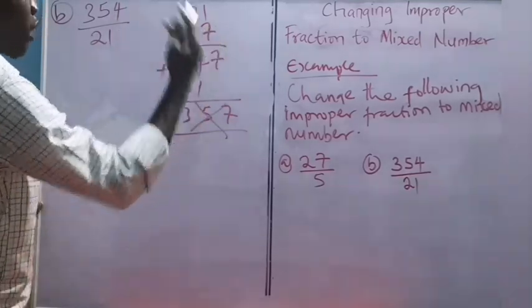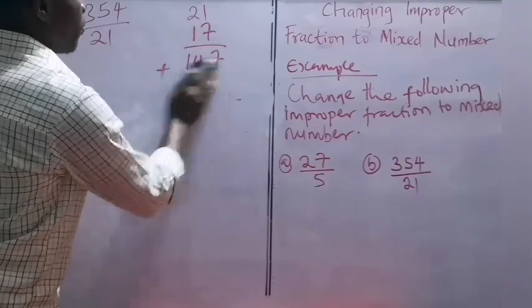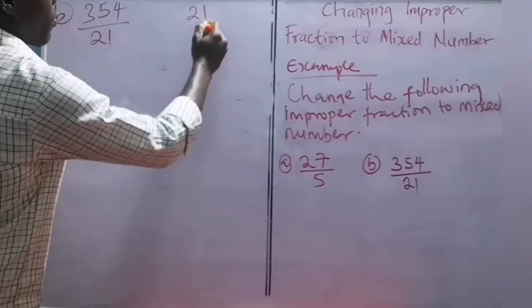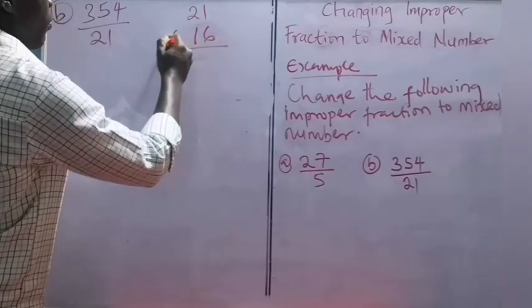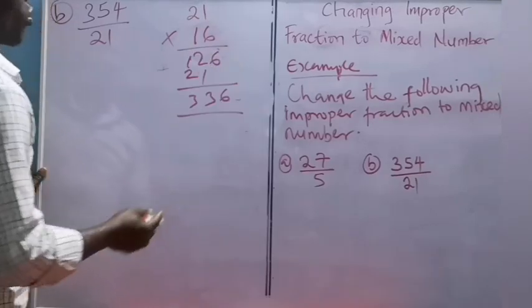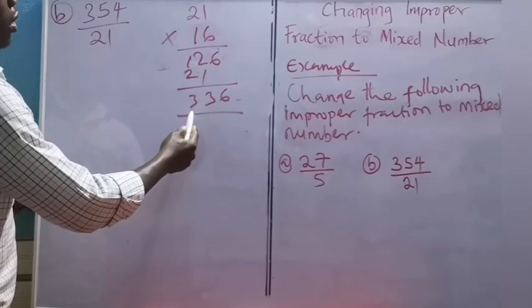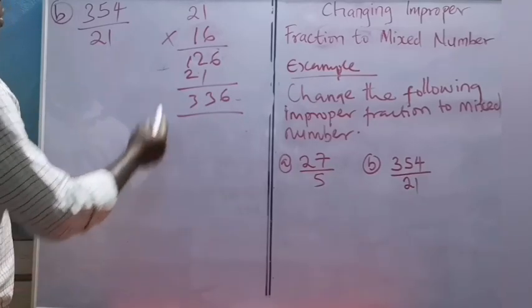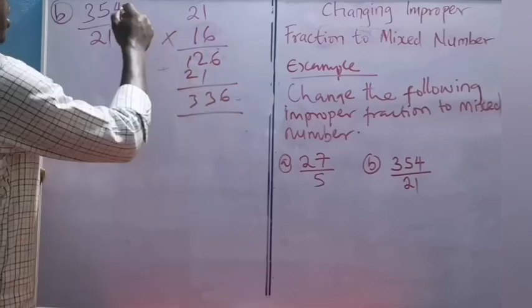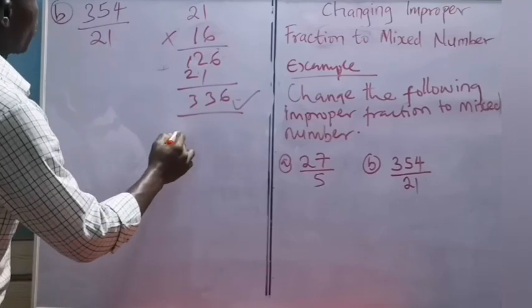So we are going to go back to 16. When we use 16, we have 336, which is very close to this number. And when we use 17, we got a number that is bigger than this, so we will use 16. So let's do subtraction.